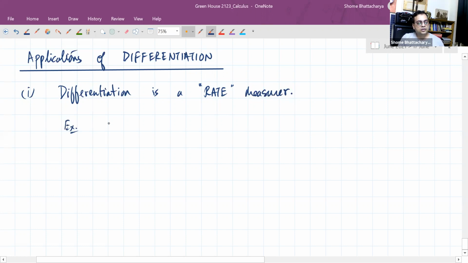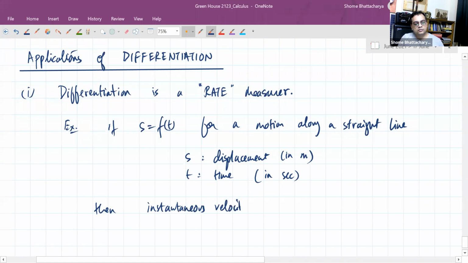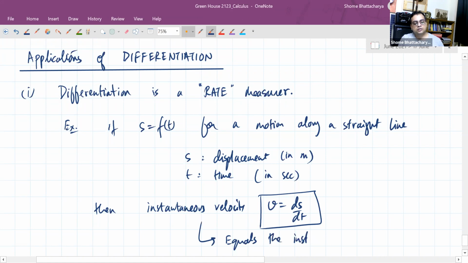For example, if displacement is a function of time for a motion, let's say along a straight line, where s is displacement in meters and t is time in seconds, then instantaneous velocity is simply defined as the instantaneous rate of change of displacement with respect to time.